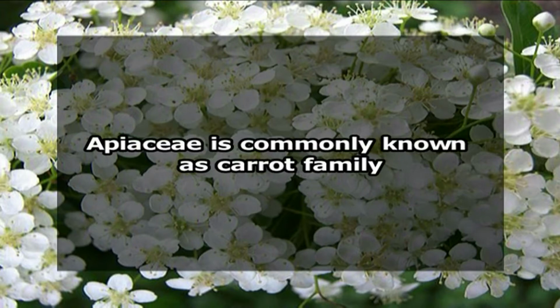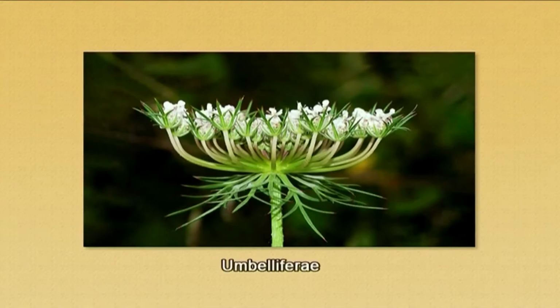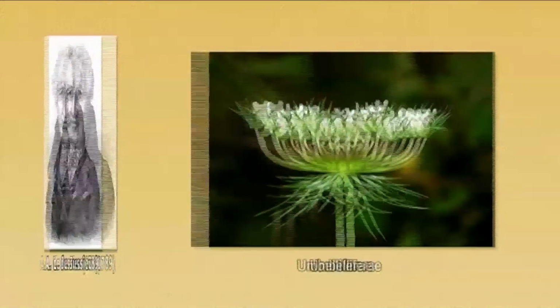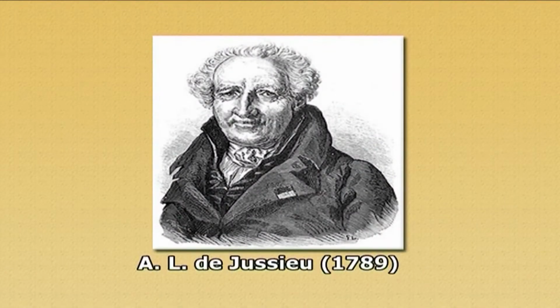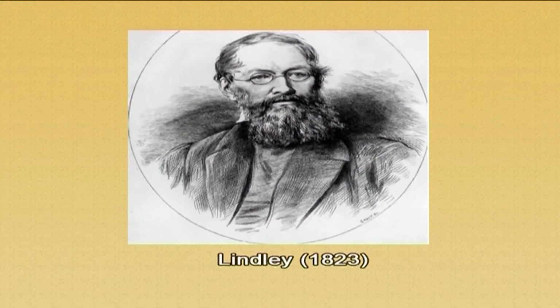Apiaceae is commonly known as carrot family. The family was first of all established as a formal taxonomic category under the name Umbelliferae and not Apiaceae by A.L. T. Chisu. Later on, the present name, that is the Apiaceae, was given as an alternate family name by taxonomist Lindley.